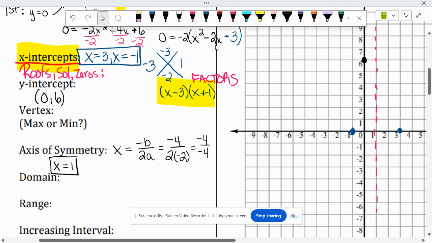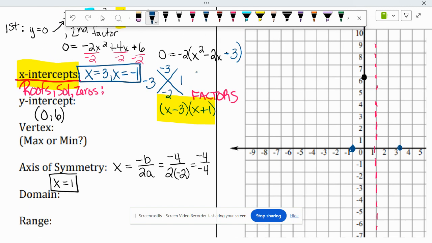How do I use that to find my vertex? It is where the parabola crosses the axis of symmetry. How do I find that? Sure you do. We did it last week over and over again. What do you do with your axis of symmetry? You take the value of x and you plug it into what?